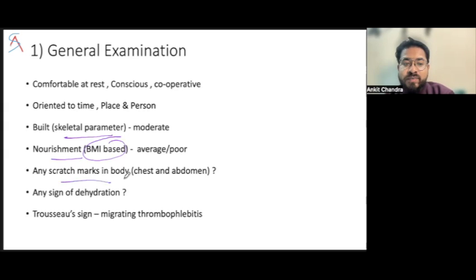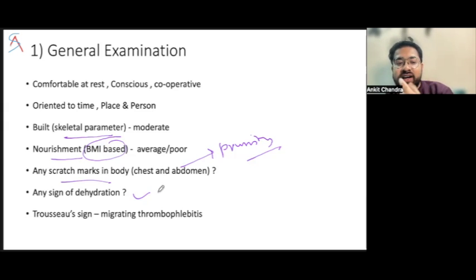Look for any scratch marks on the chest or abdomen. This will give you confirmation that pruritus is present. And look for any signs of dehydration. For that, you look at whether there are sunken eyes, dehydration of the tongue and oral mucosa.